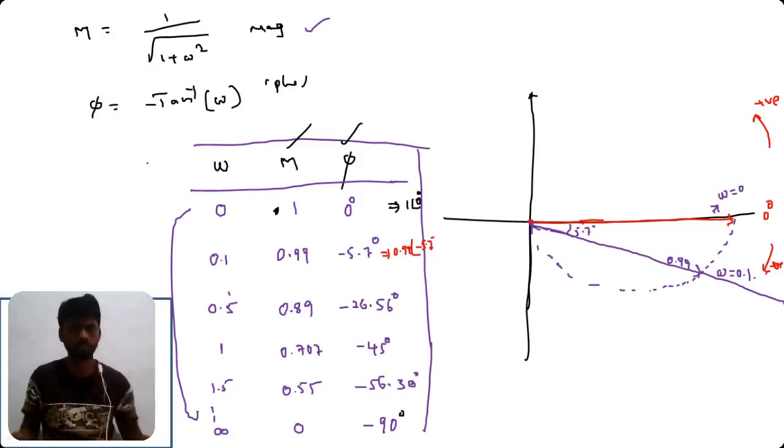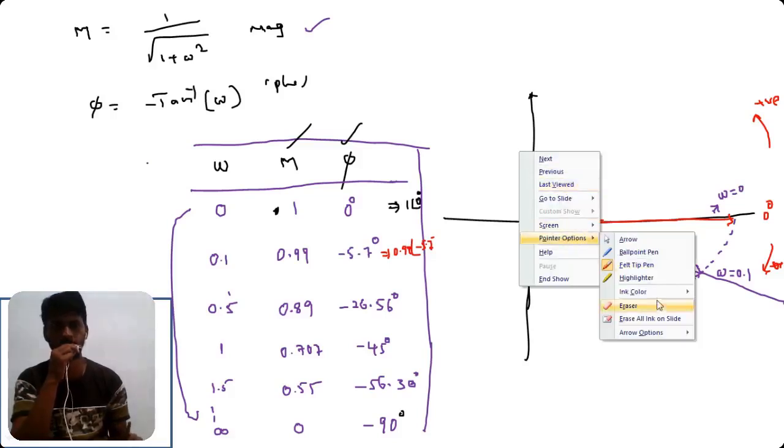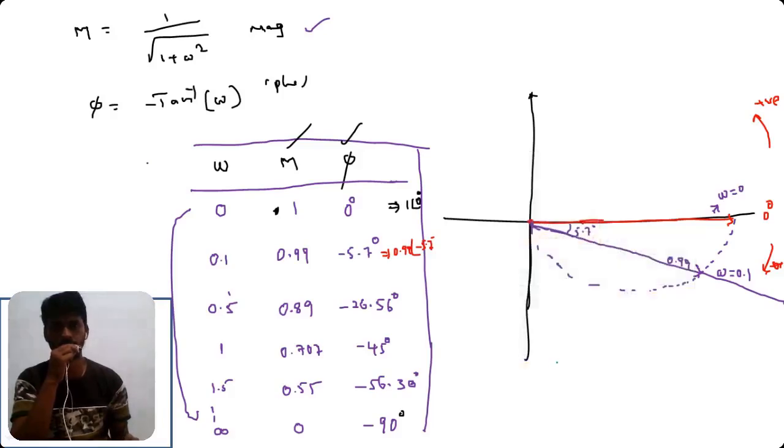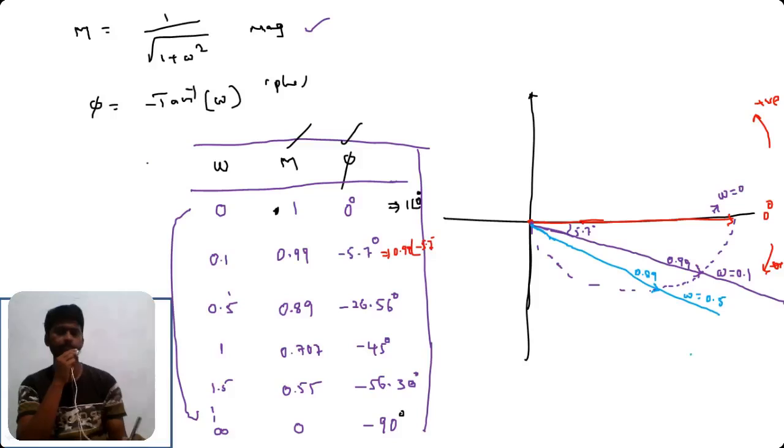Similarly, changing the frequency to 0.5, the magnitude is 0.89 and the angle is minus 26.56. The 26.56 degree line will be like this, and this is the magnitude 0.89. This phasor is obtained when omega equals 0.5 radians per second.